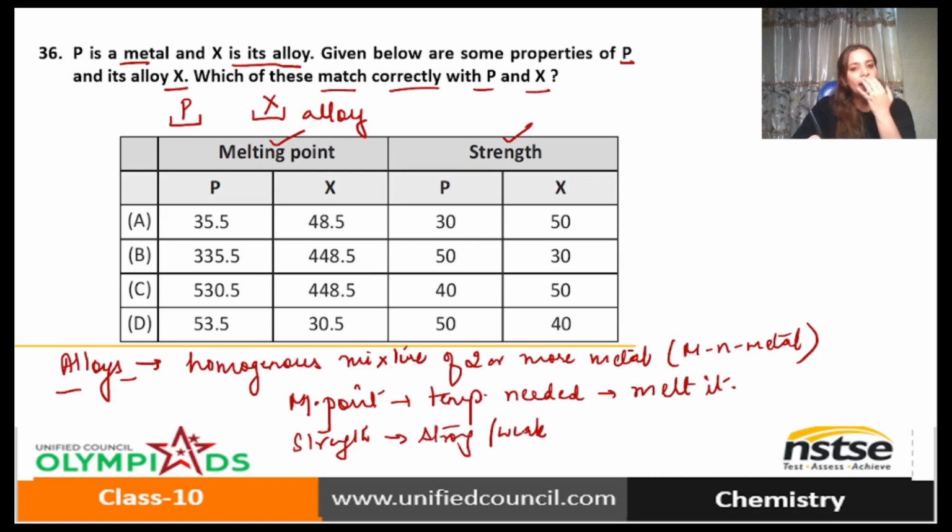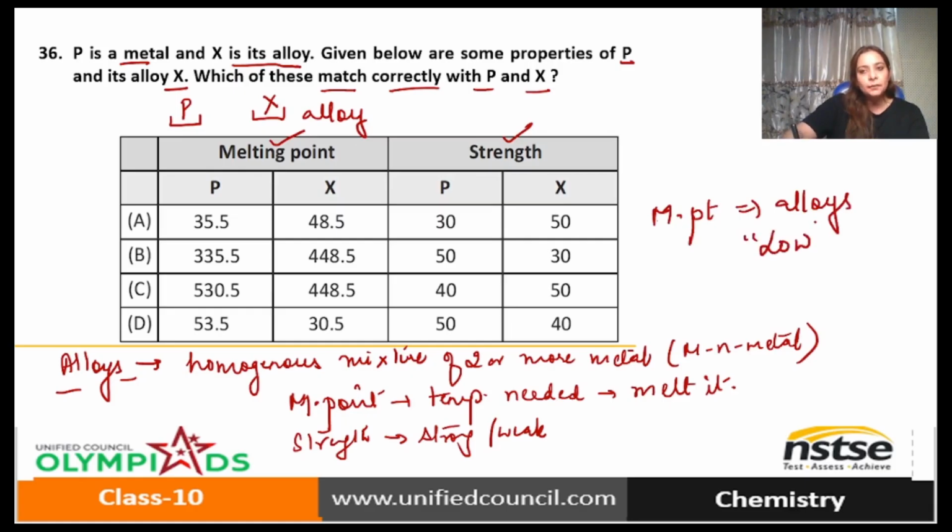Now if I compare melting point and strength of metal and its alloys, we have seen that melting point of alloys is generally low as compared to metals. But when we talk about its strength, strength of alloys is high. Strength of alloy is more in comparison to metals from which it is made.